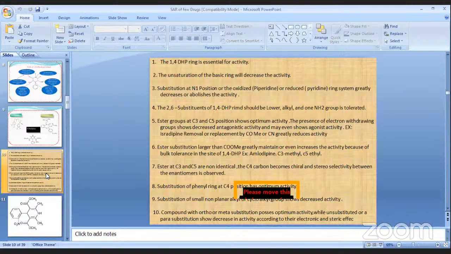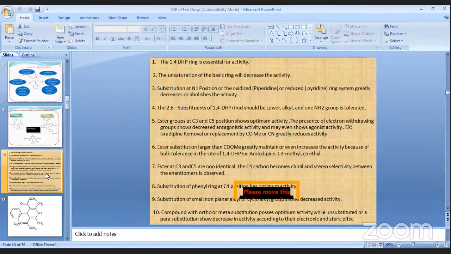At the 2 and 6 positions, I am telling you, alkyl or amine groups are tolerated. If you use methyl, okay. But if it is ethyl, a larger group, then activity will decrease. But if you add amine groups, then it can also have some activity.